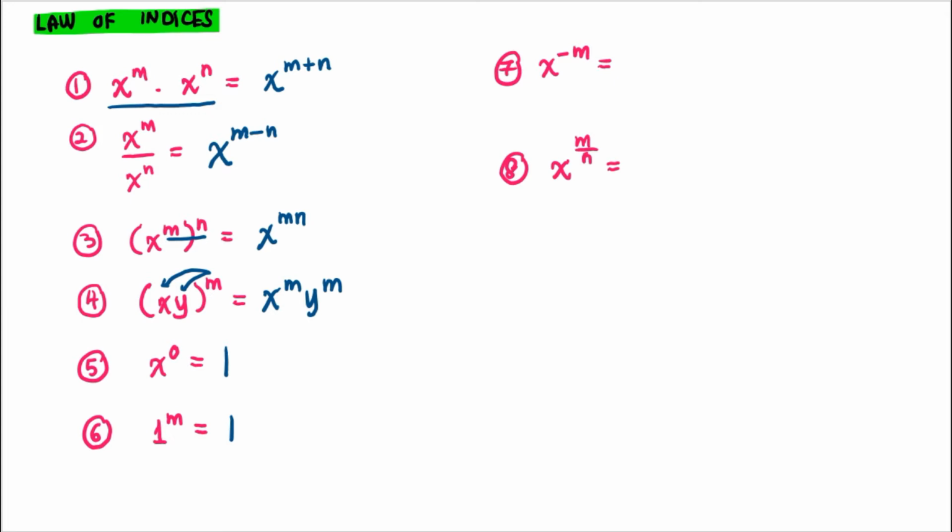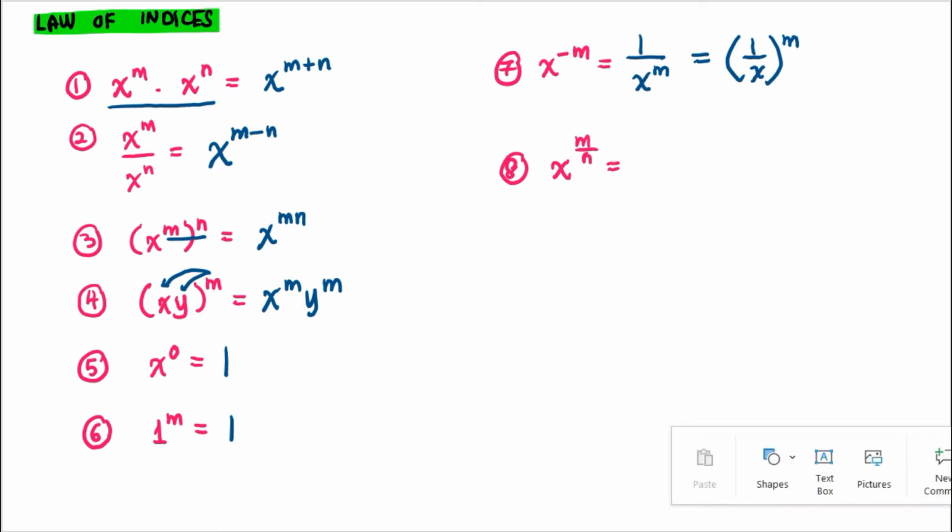If we have x to the power of negative m, this is equal to 1 over x to the power of m, to remove that negative part. Because 1 to the power of m is 1, and x to the power of m is in the denominator.